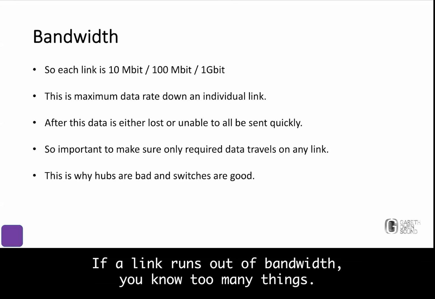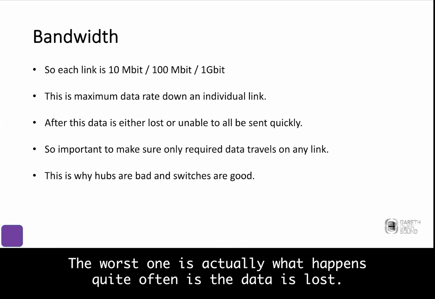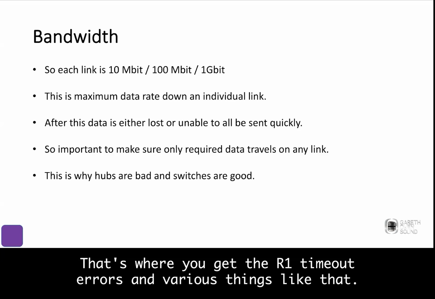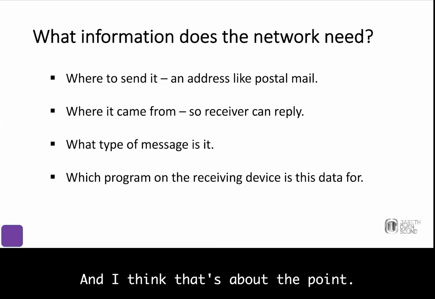If a link runs out of bandwidth, because too many things are trying to communicate, there are two things that can happen. The worst one, and what actually happens quite often, is that data is lost. It either has to be resent or is lost altogether. That means devices time out, and that's where you get the R1 timeout errors and things like that.